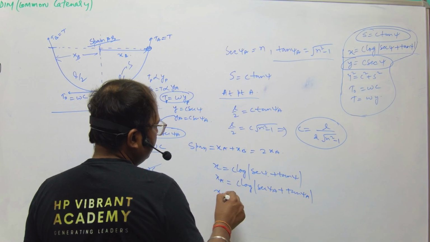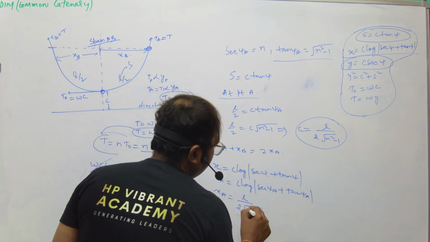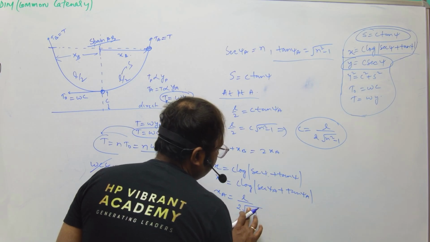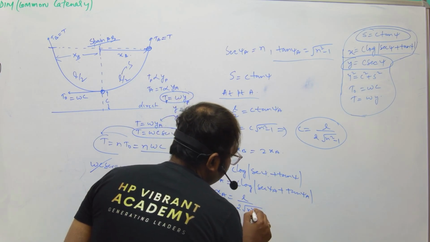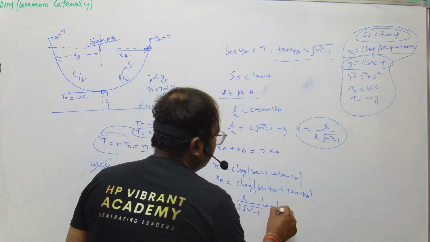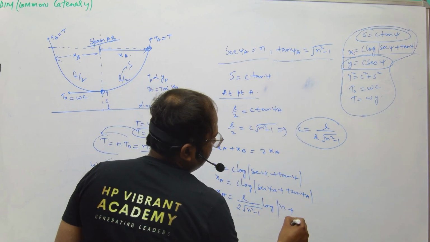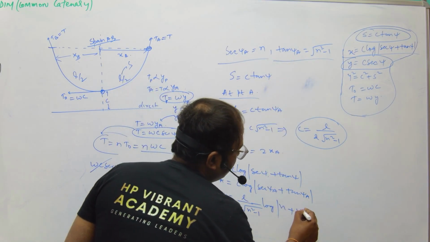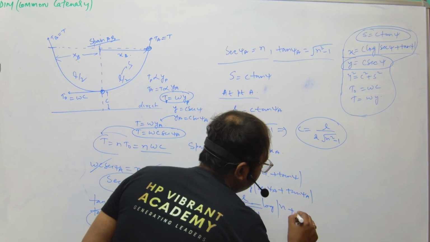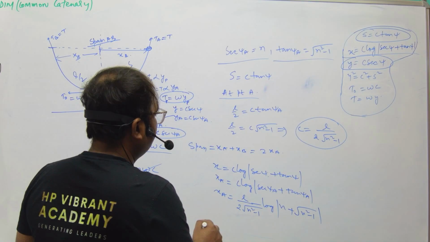The value of c is L upon 2 under root n square minus 1, times log of n plus under root n square minus 1. This is the value of XA.